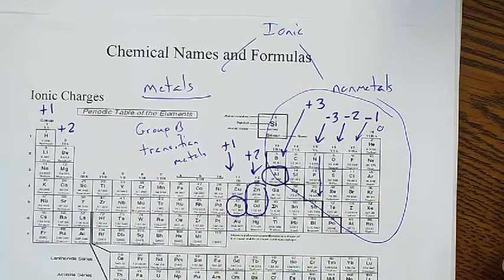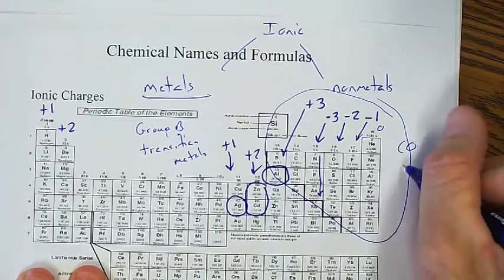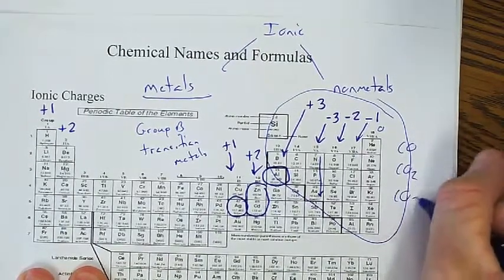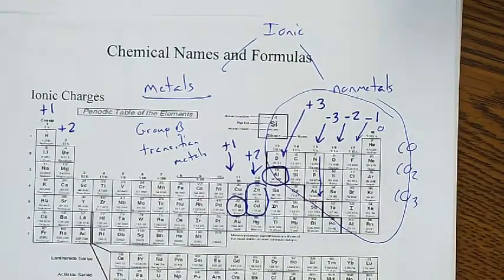For instance, you can have the compound CO, the compound CO2, CO3. Those are all possibilities. Because they can share different numbers of electrons, we have to indicate in the name how many of each atom are actually there.